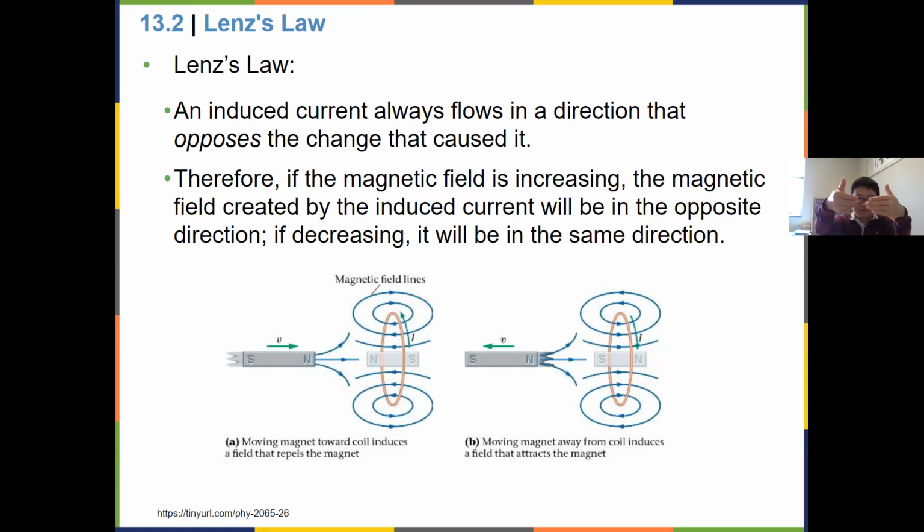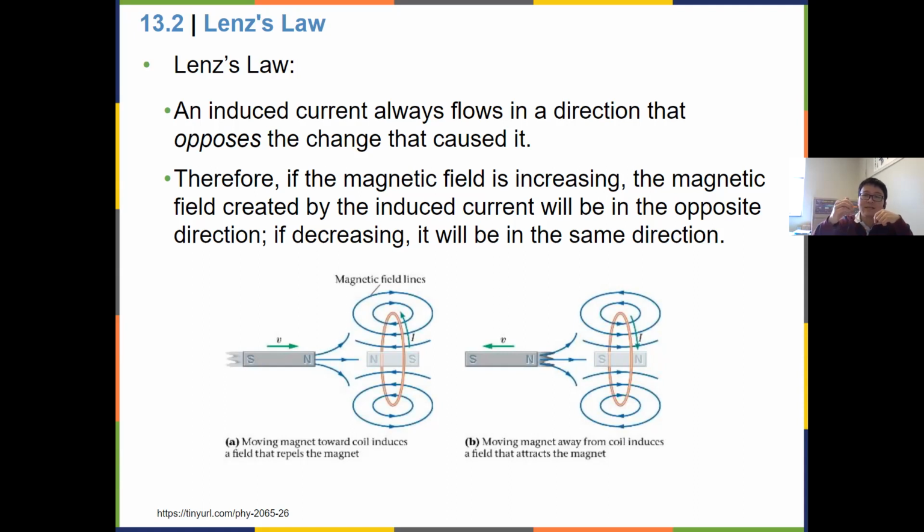Now, in scenario B, if you pull this magnet away from the coil, then the flux in the coil decreases. So there's a change of the flux in the coil, and there's an induced current in the coil. Because your flux is decreasing, the magnetic field produced by the induced current should compensate for the decrease.